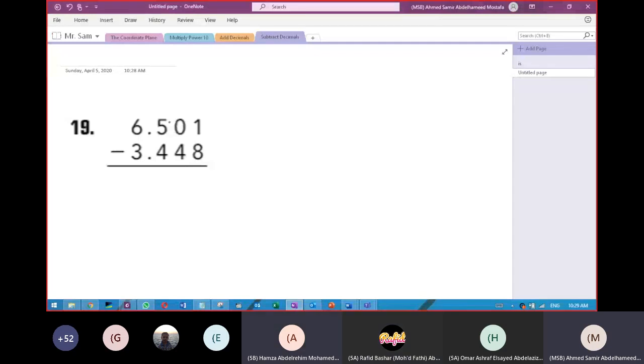So from the 5. So the 5 would be 4. And the 0 will be 10. Then the 10 will be 9. Okay, this is new to me. So what happens here? So the 1 would be 11. Excellent job.